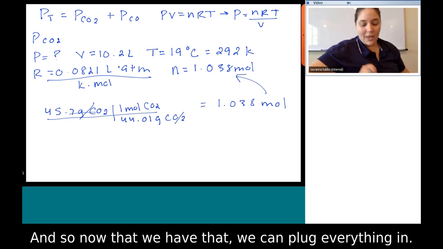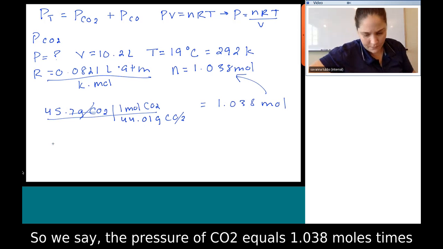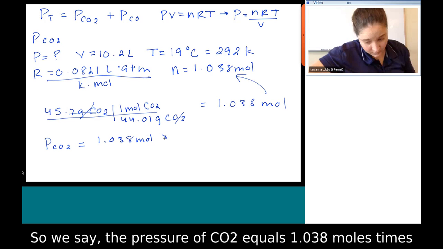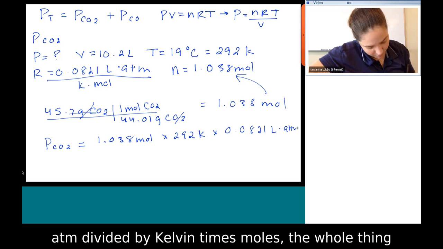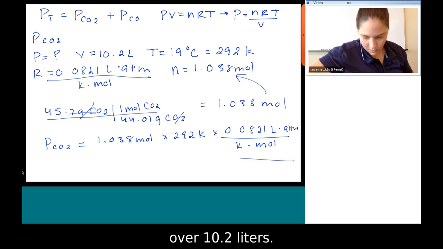And so now that we have that, we can plug everything in. So we say the pressure of CO2 equals 1.038 moles times 292 Kelvin times 0.0821 liters times ATM divided by Kelvin times moles, and this whole thing over 10.2 liters.